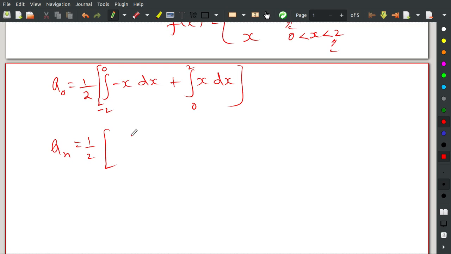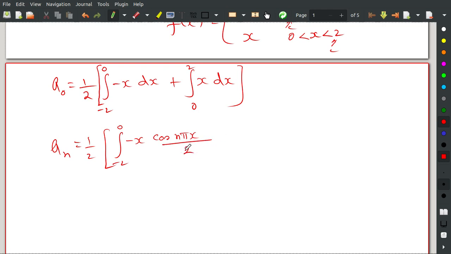So we have integral from -2 to 0. Instead of f of x I have to put minus x, cos n pi x divided by c. So our c is 2.